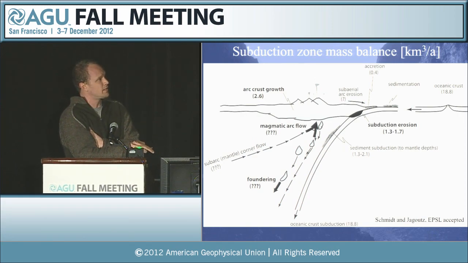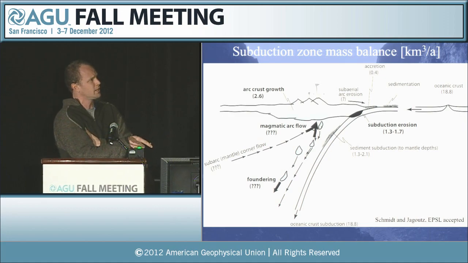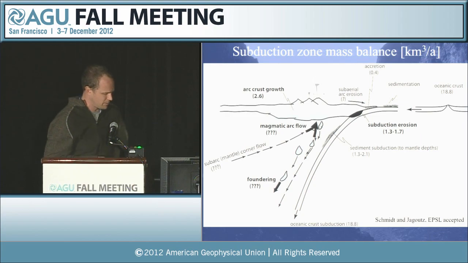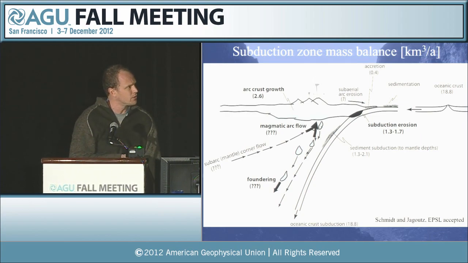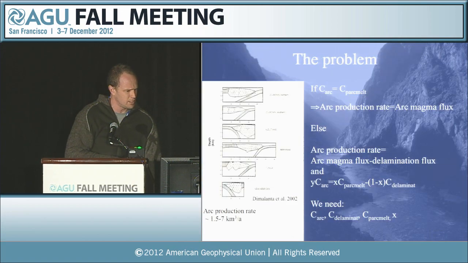But it's relatively difficult to know what the arc magma flux is because we don't know what kind of composition and how much of the composition delaminates at the base. And in principle, if we knew the arc magma flux and the average degree of melting, we could also say something about the magnitude of the corner flow of new mantle material we bring into the melting region. And so what we try to do is approximate what this number here is.